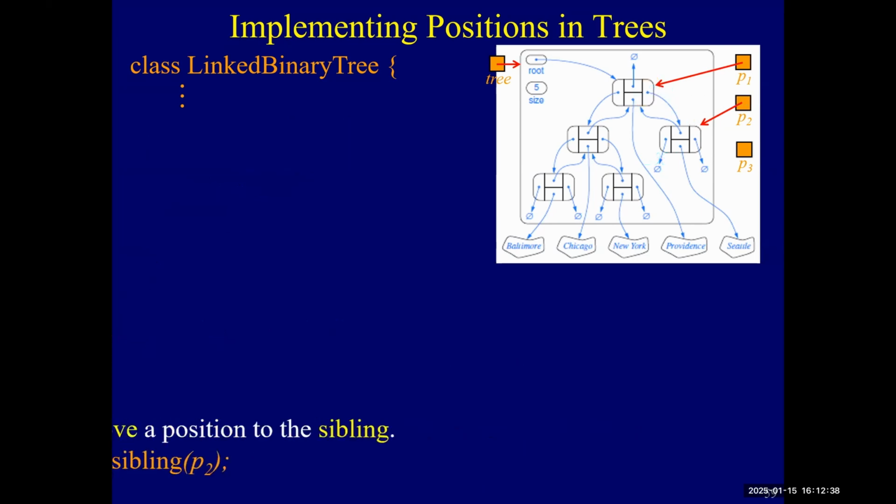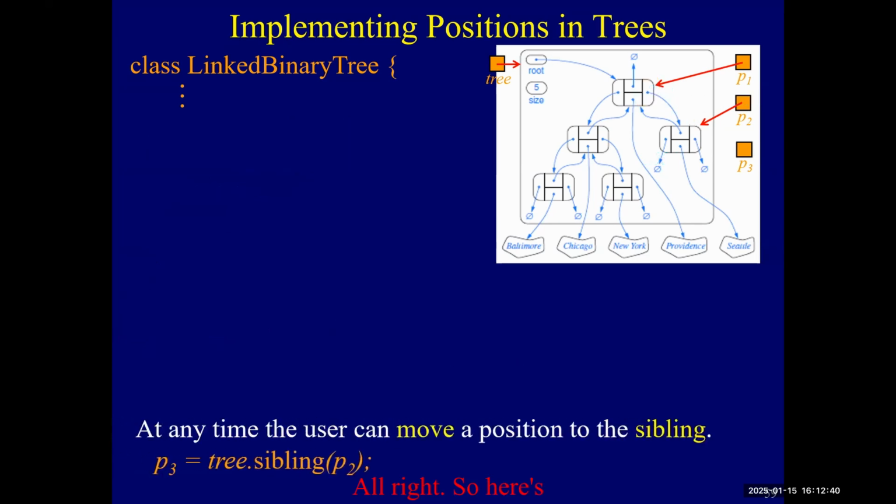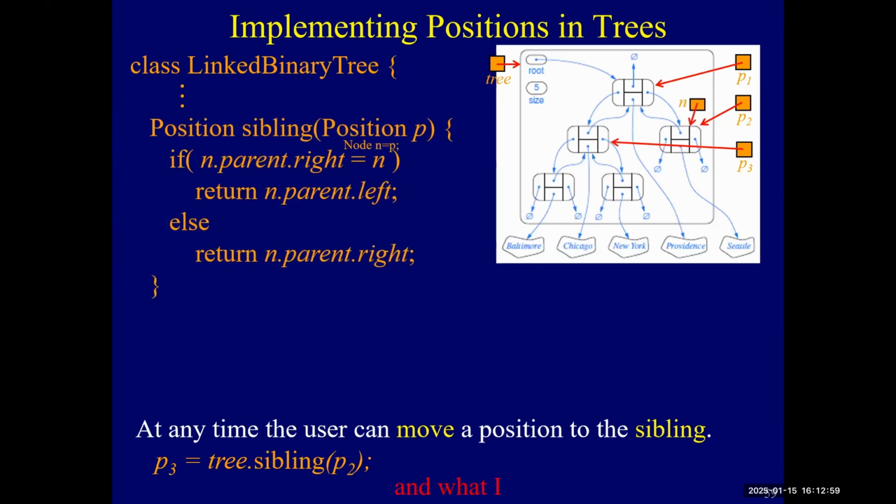All right, so here's another routine, which is saying I'm at some tree position stored by P2, and I want to get the sibling, right? And so I'm here, and what I want to do is move over there, right?